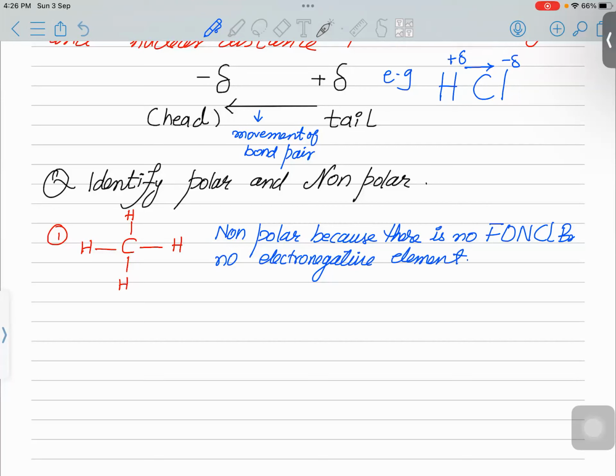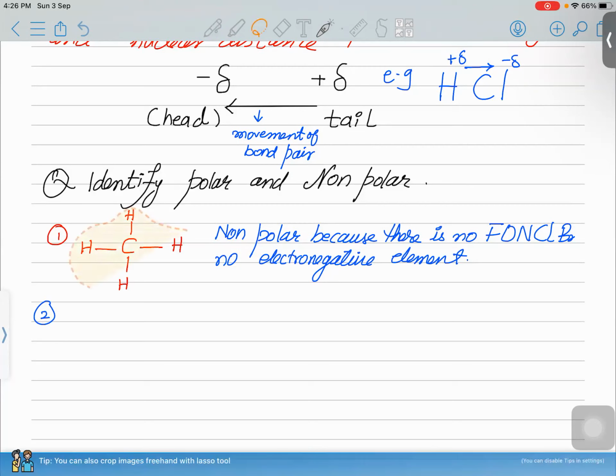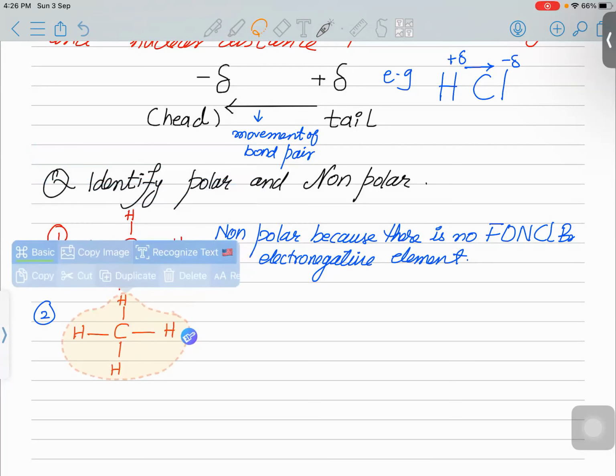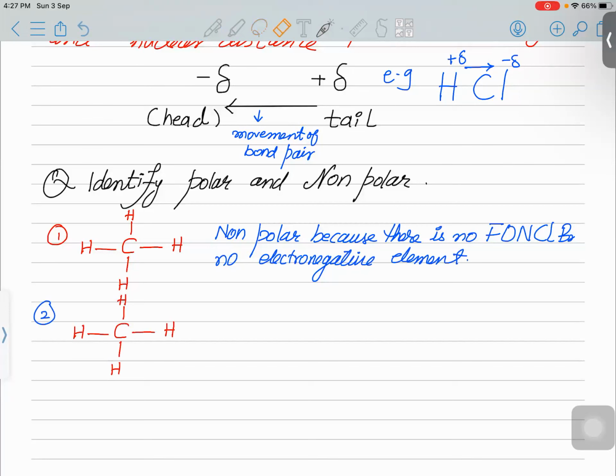Now question number 2. Now polar or non-polar?